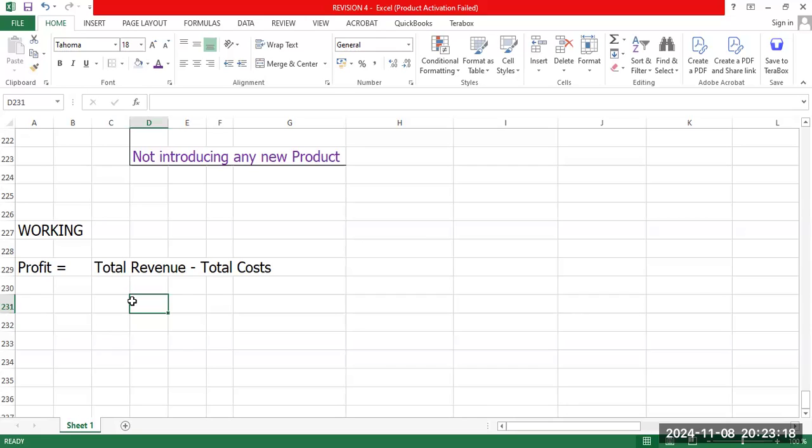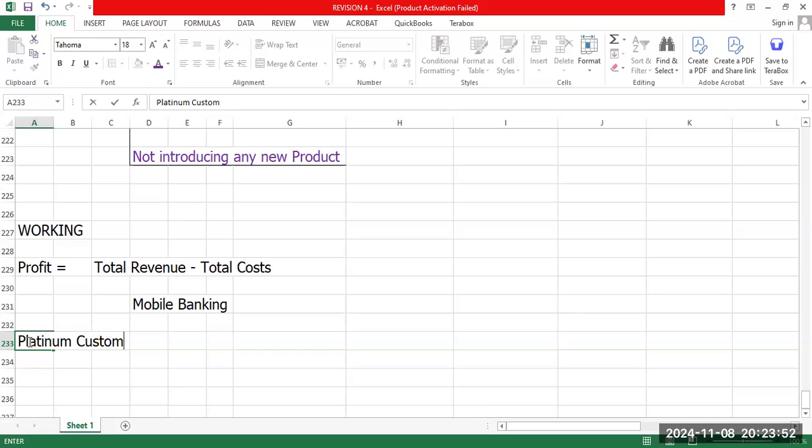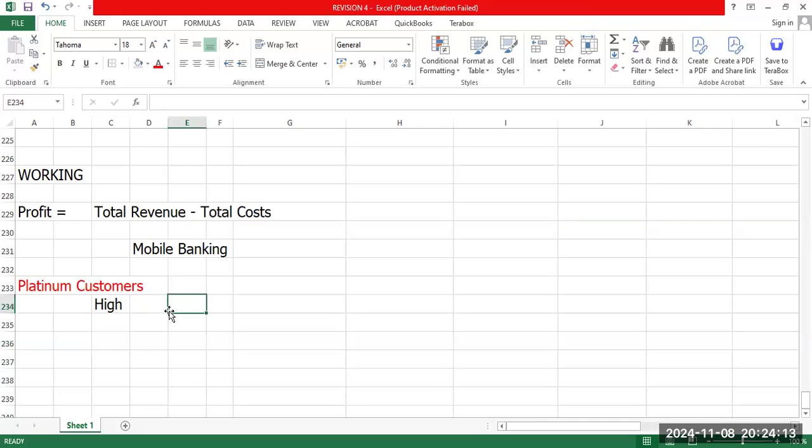So if I start with mobile banking, I need to know how much I generate from platinum customers, the ones with, let me say, high income level.